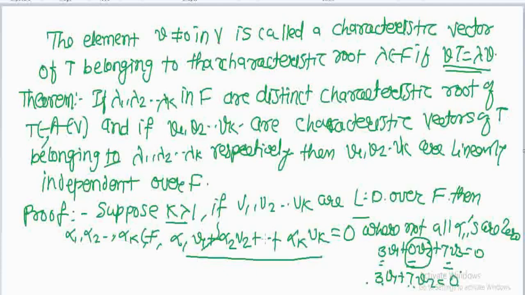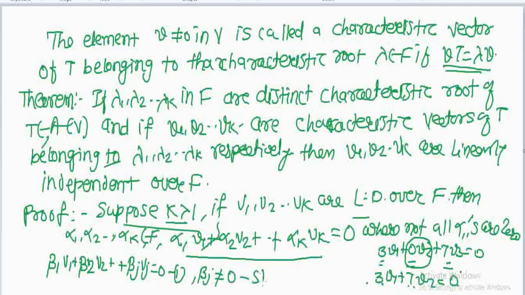Similarly here, by renumbering we get beta 1 v1 plus beta 2 v2 plus beta j vj equal to 0. Let us call it equation number 1, where no beta is equal to 0, and this is the shortest in the sense that it cannot be reduced.